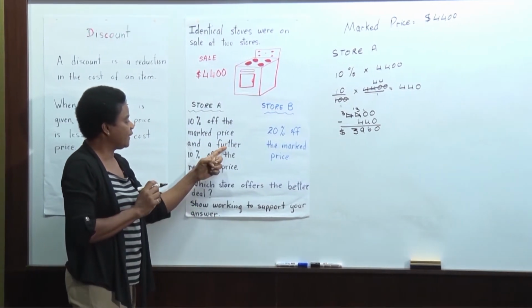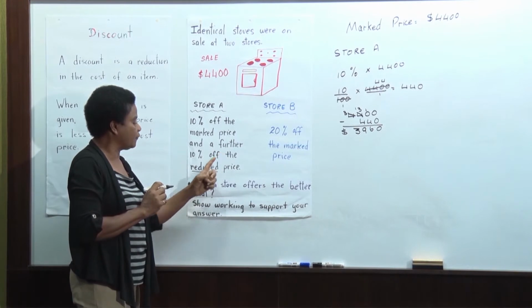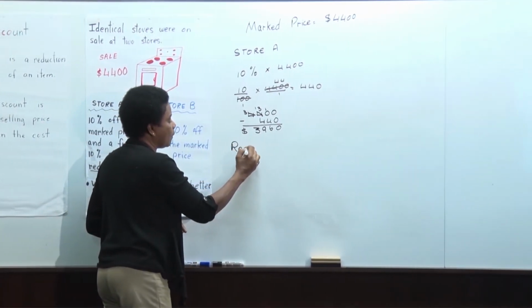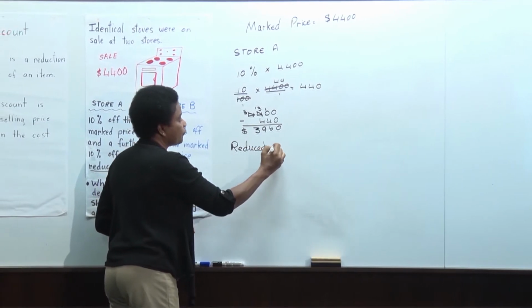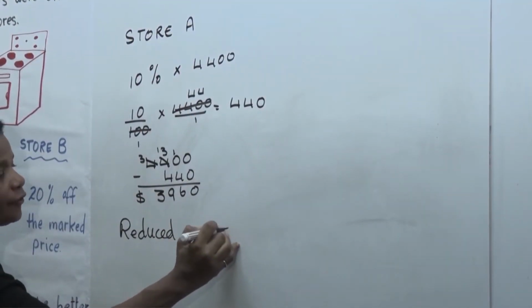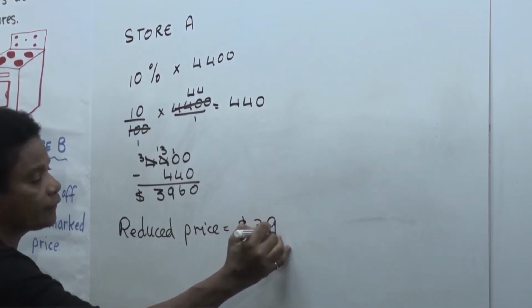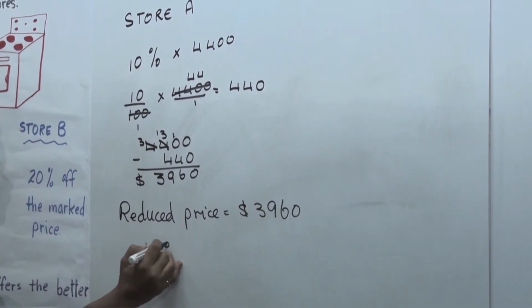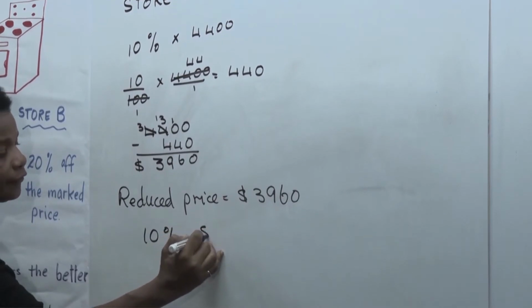We now have to take a further 10% off the reduced price. So our reduced price is now $3,960. So we need to take 10% off that.